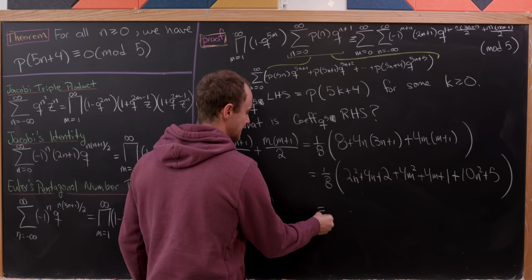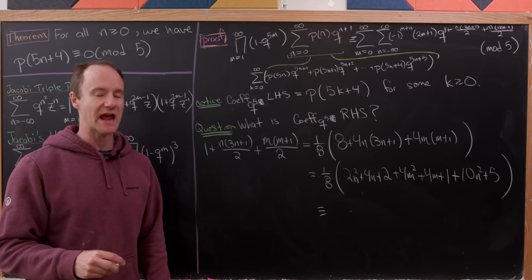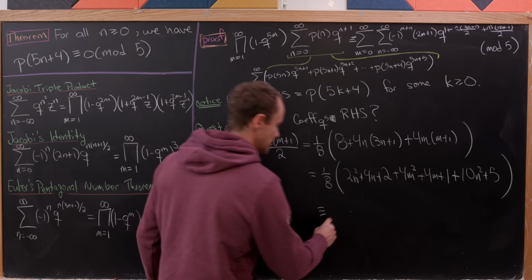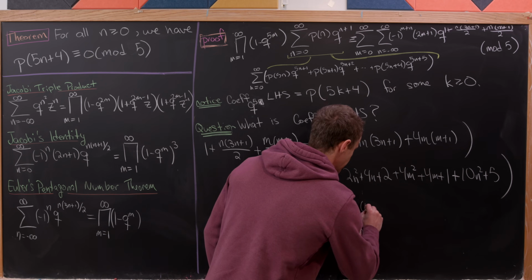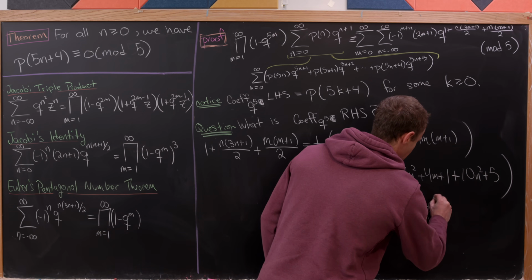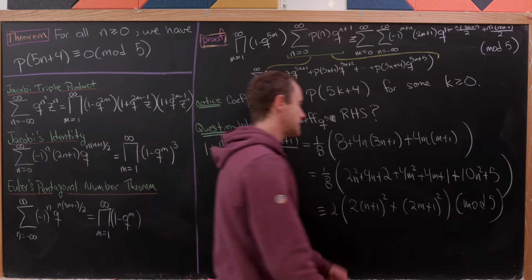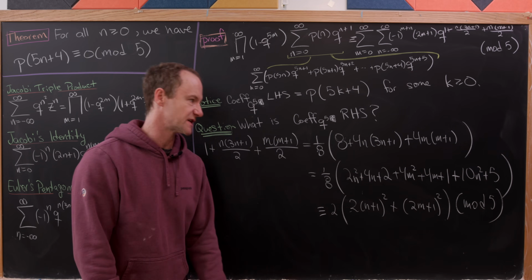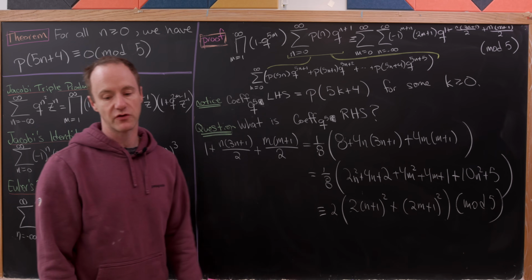So it's pretty easy to calculate that 1 over 8, or the multiplicative inverse of 8 mod 5 is 2. So I can rewrite this as 2 times n plus 1 squared plus 2m plus 1 squared mod 5. So notice if we reduce mod 5, that 10n squared plus 5 is simply 0. So that's gone. And then I just factored the rest of that.